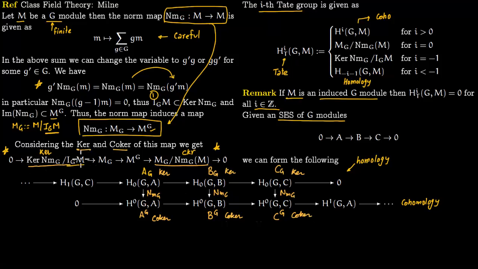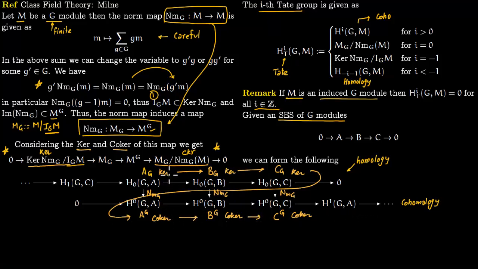The kernel will look like this. Instead of M, you have A here, instead of this M you have B here, and instead of M you have C here. Similarly, the co-kernel comes here, and you replace M with A, B, or C. So these arrows will now go to the kernel, and this map will continue.